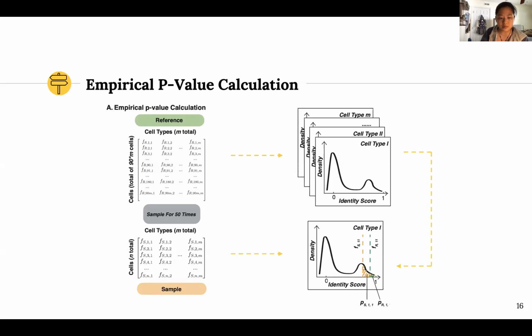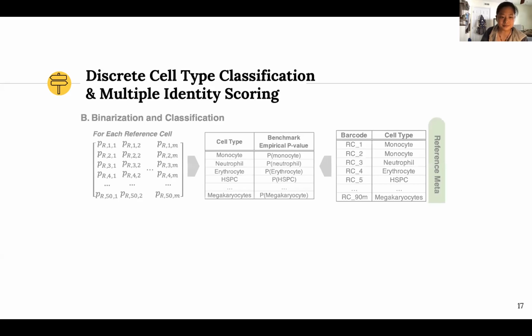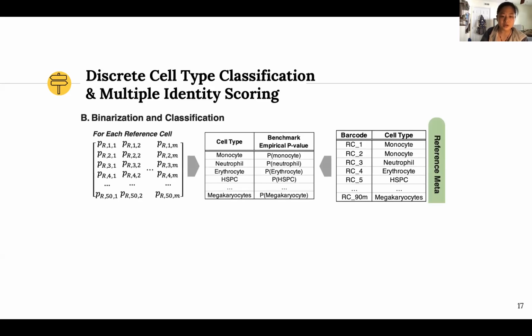Basically, we will sample this a total of 50 times so that we get 50 different empirical p-values, and we can measure this p-value as a distribution as well. Based on this, we will get an empirical p-value matrix. Here, this is the reference empirical p-value matrix.